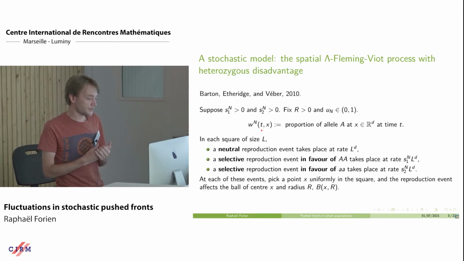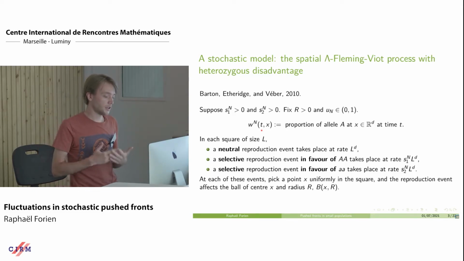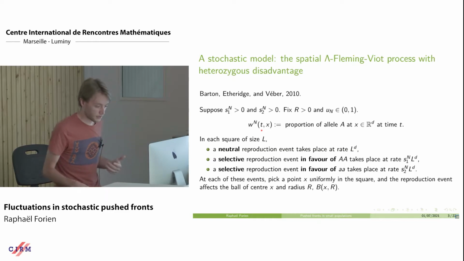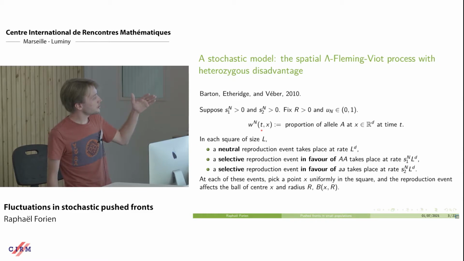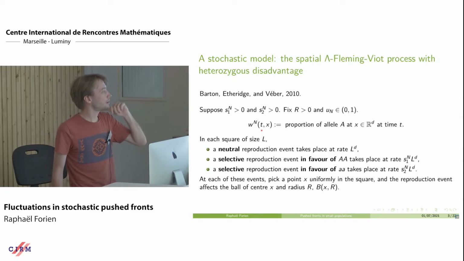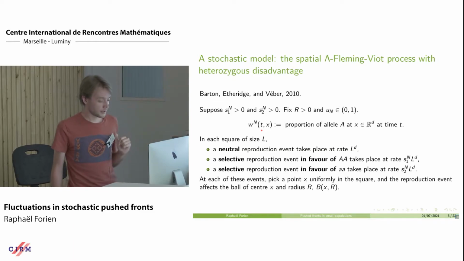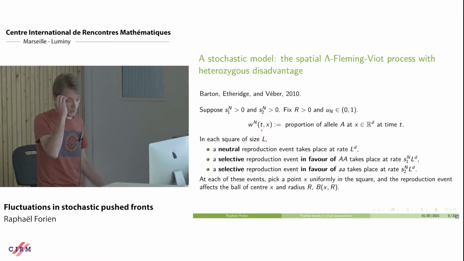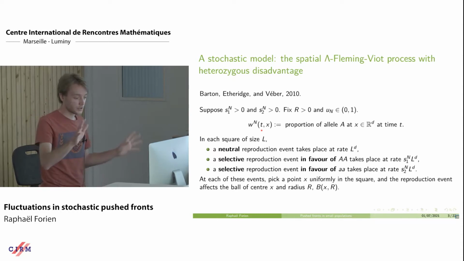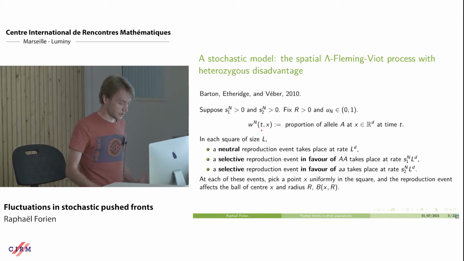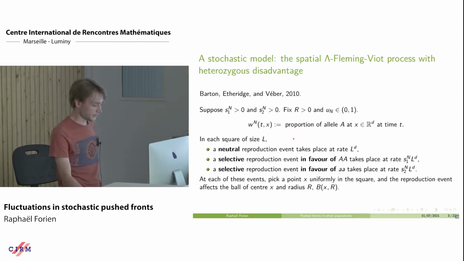Selective reproduction events in favor of capital A allele occur at rate s1 times L to the d, and selective reproduction events in favor of little a individuals at rate s2 times L to the d. And when you look at this, you see that the definition does not depend on capital L, and this is what Poisson point processes are.